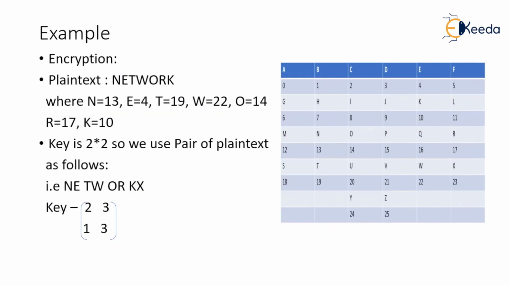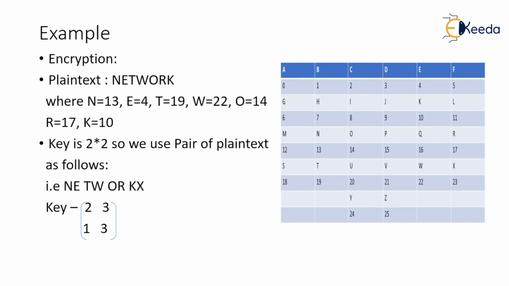Let's begin with the example having the plain text NETWORK. When we have to convert this word network into the ciphertext, we just have to make pairs of two letters, that is NE, TW, OR, KX.